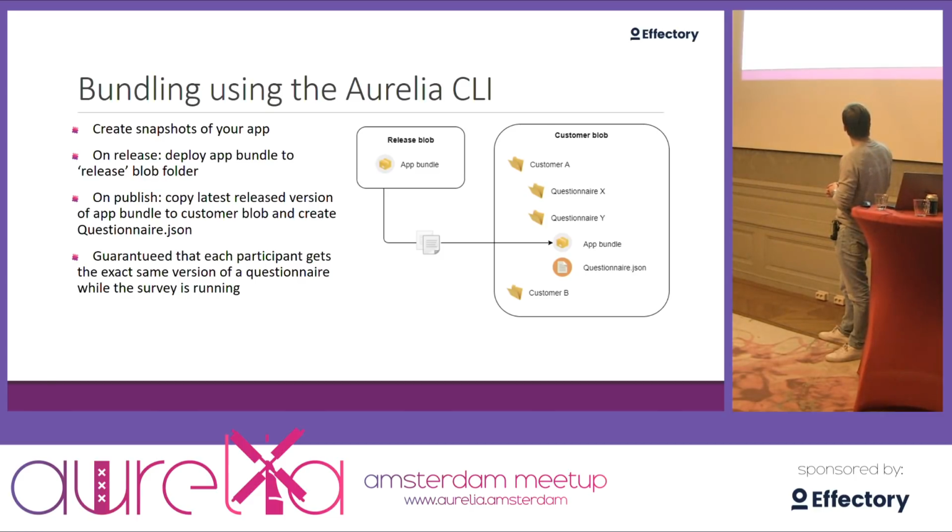And then when you publish the questionnaire, it copies that app bundle to a customer blob, and it creates these customer-specific questionnaire bundles for each version of the questionnaire. And when we do a new release, we deploy something new, those bundles that are in the customer folder stay the same. So that way we can guarantee that each participant of that questionnaire gets the same version of that app, and it doesn't break or change because of a new release.